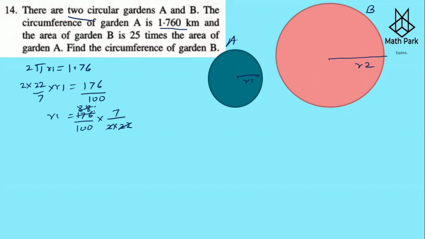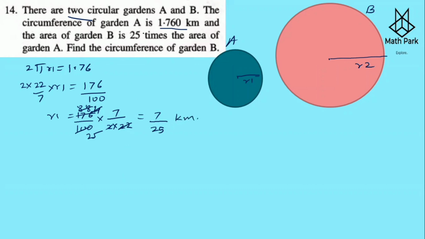You get the radius of the first circle as 7 upon 25 kilometers. Okay, so let us keep this as it is.